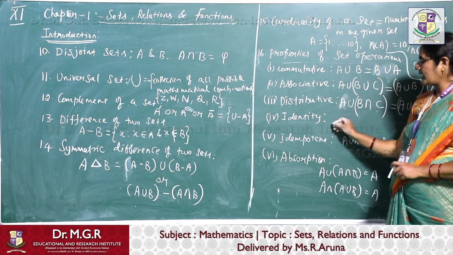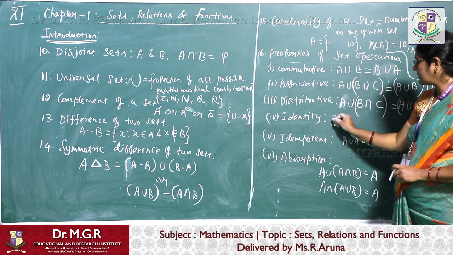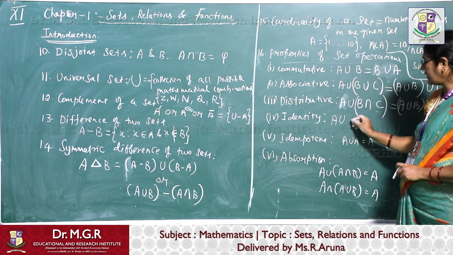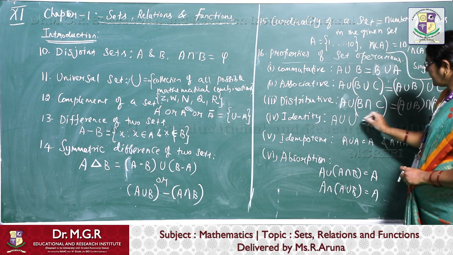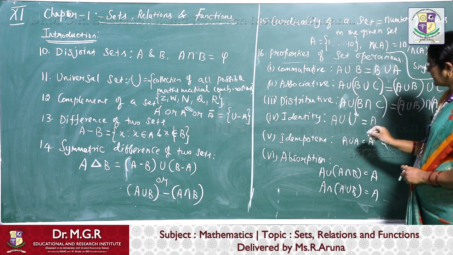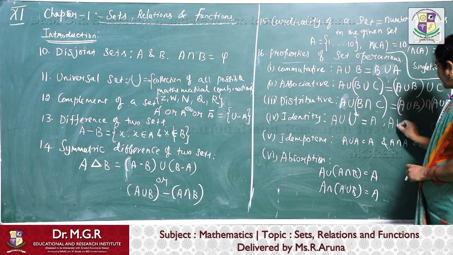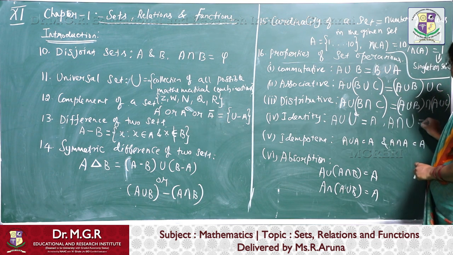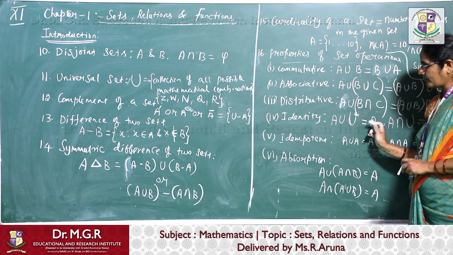Next we have identity. Identity means A union universal set is equal to A, and A intersection universal set is equal to A. This is what the identity property is.